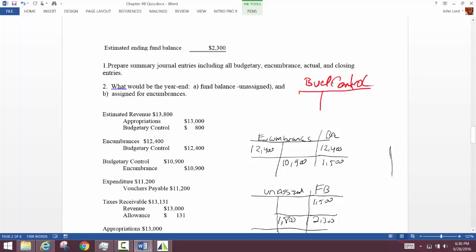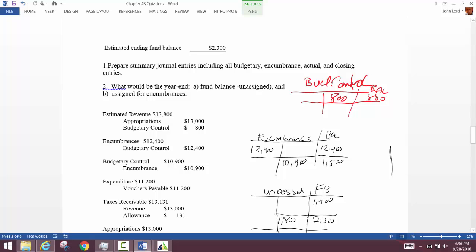Okay, that's my Bud Control. And I just credited it for how much? $800. So it has a balance of 800. With me so far? Okay.